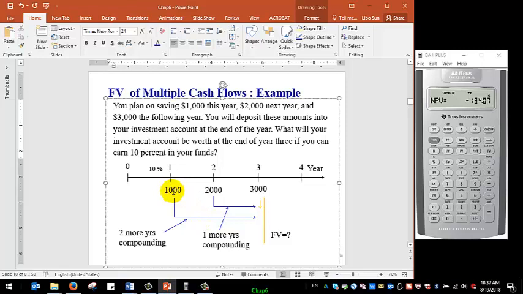For the first cash flow, which you deposit by the end of year 1, there are 2 more years interest payment before year 3. For the second year cash flow, there is 1 more year compounding, 1 more year interest payment, while the last cash flow we deposit at the end of year 3, so we don't earn any interest payment.